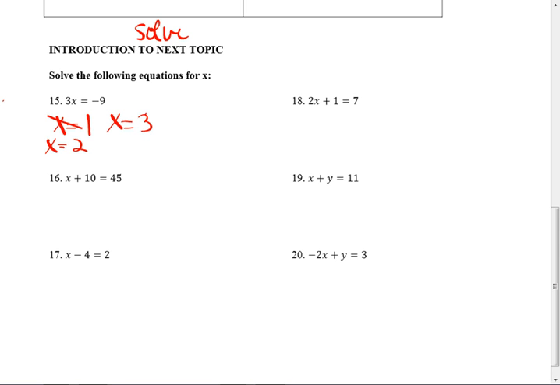Why? Because when you put negative 3 back in here, what do you get? Is it true or is it false? It's true. That's what solve means. We have to know what it means. Solve means to find the numbers that make the sentence true.